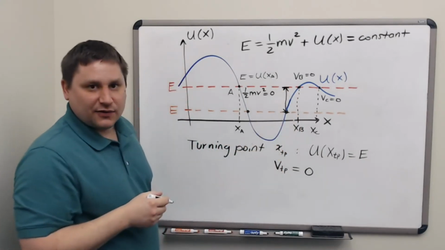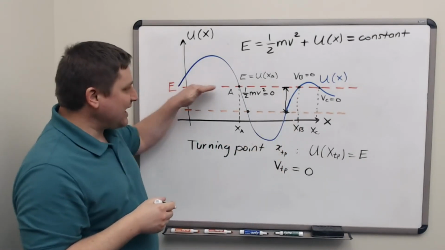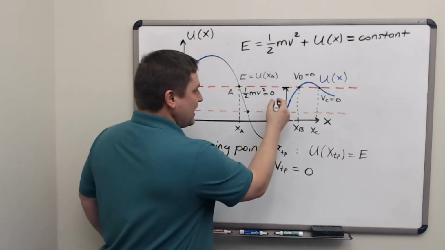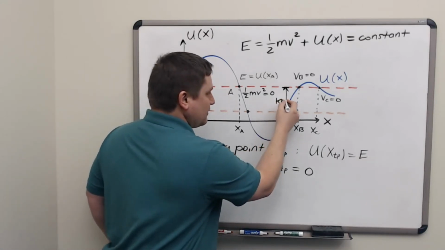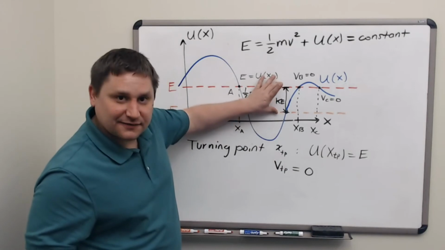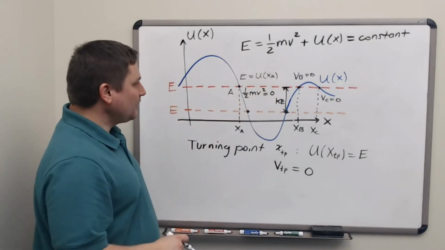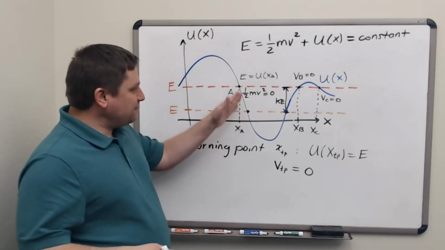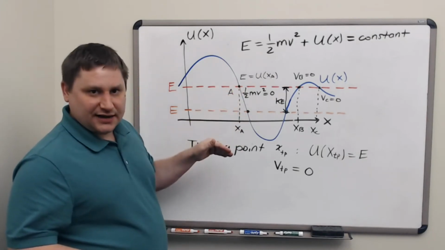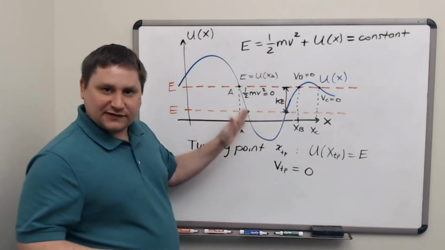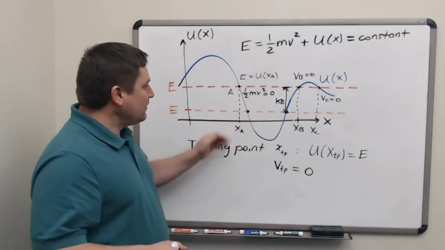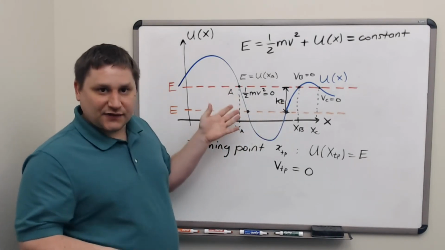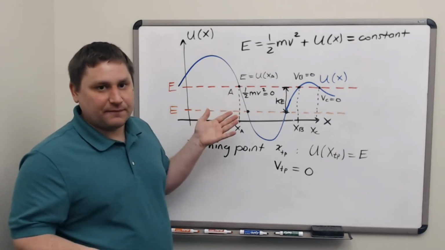An object with an energy equal to the red dashed line would have a kinetic energy given by this distance. Therefore, whenever the blue curve is below the dashed line, the object is moving with some velocity. When the object reaches a turning point, its velocity momentarily becomes 0.